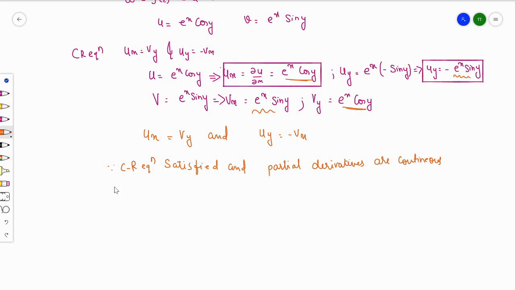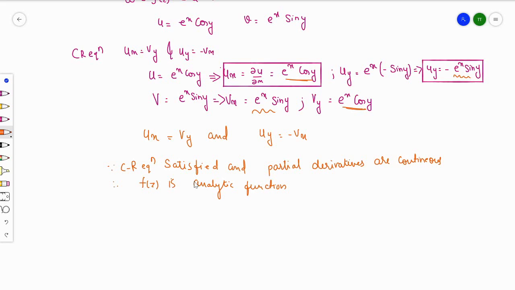Then f of z is an analytic function. You just satisfied the condition ux is equal to vy, uy is equal to minus of vx. If it is satisfied and the derivatives are continuous, then we can say that f of z is an analytic function.